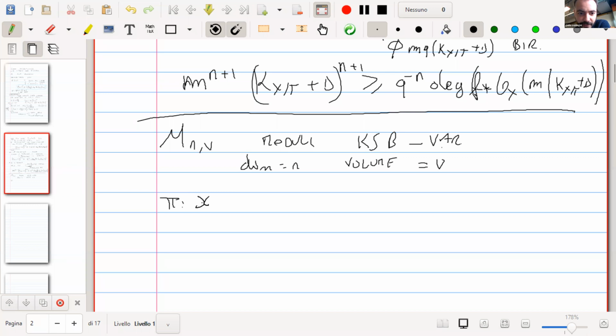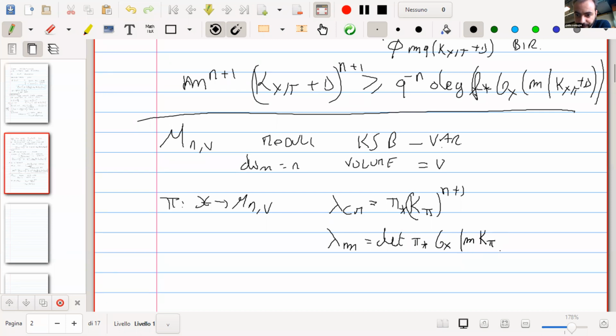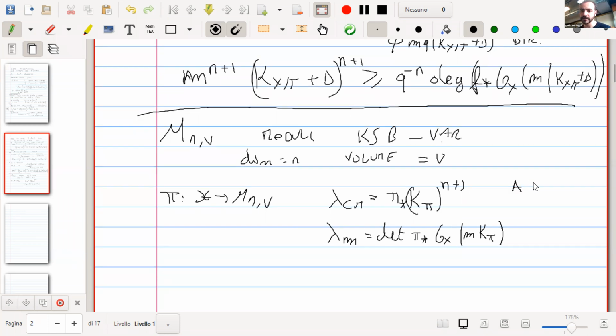So I take the moduli space of KSB varieties, and I do as before. I have the universal family here, and I define the lambda CM line bundle as taking the cycle relative canonical bundle to the power n plus 1 and pushing it down. And I take lambda_m, the mth Chow class, which is the determinant of the pushforward of the sheaf m times K_{X/V}.